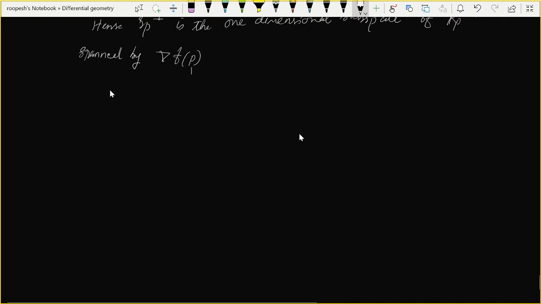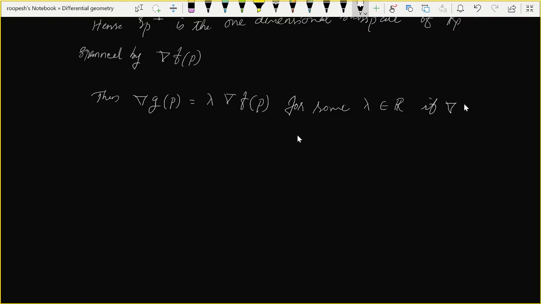Then del G of P is equal to some lambda times del F of P, for some lambda belonging to R, if del G of P belongs to S_P perp.